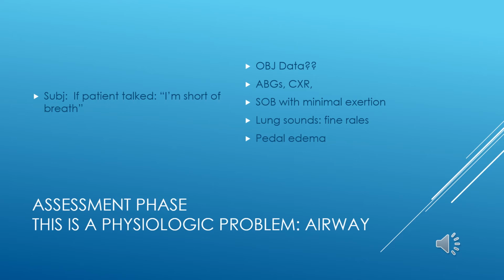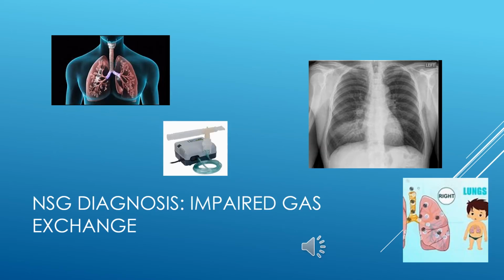We're on the assessment phase. The assessment phase has to do with subjective and objective data that you gather that backs up your problem. So what is our problem? We've chosen the nursing diagnosis impaired gas exchange. Why did we choose that?